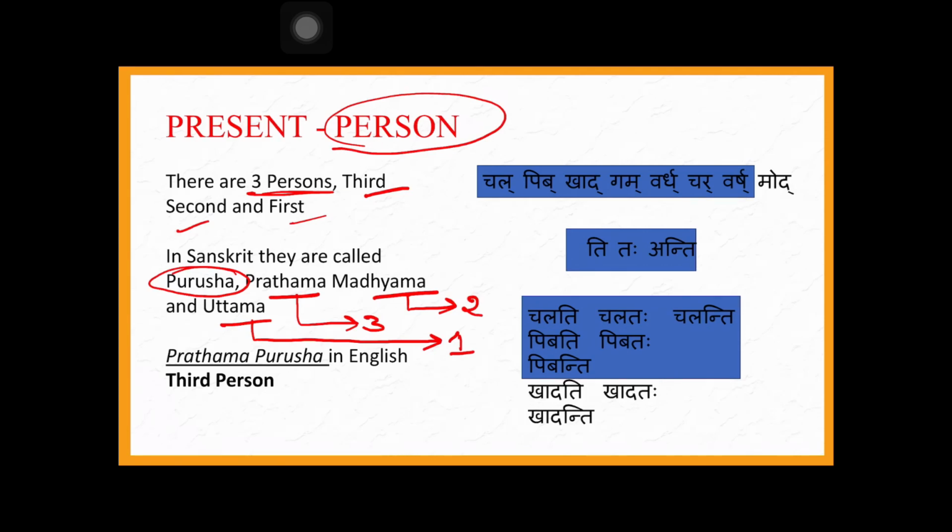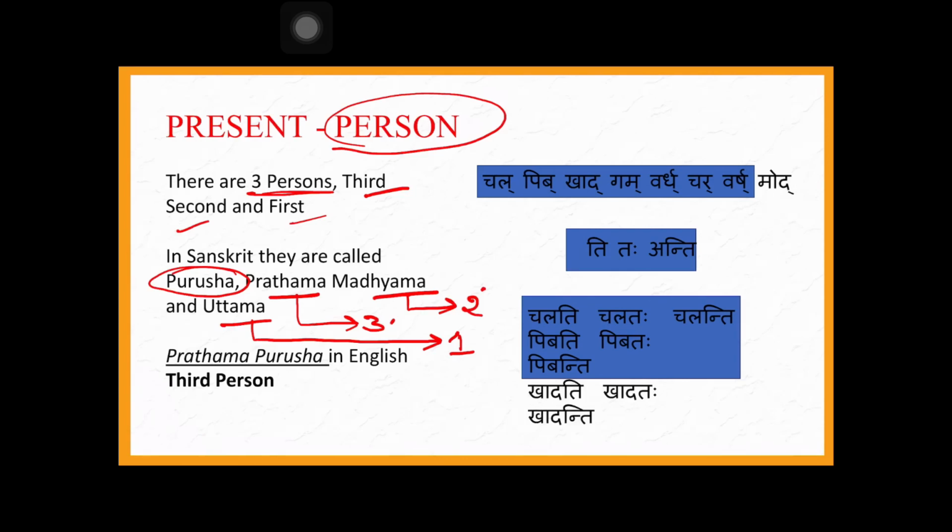Okay, so first, second and third. Prathama purusha doesn't mean first person. Prathama purusha means third person. That's a confusion. The word prathama gives the meaning of first one, but when you come to the purusha concept, you should not take prathama purusha as first person, but as third person.